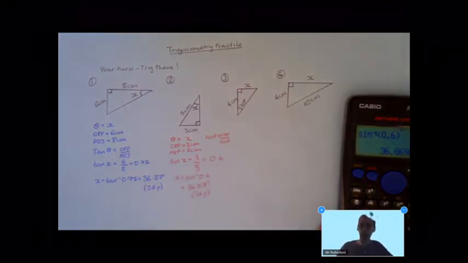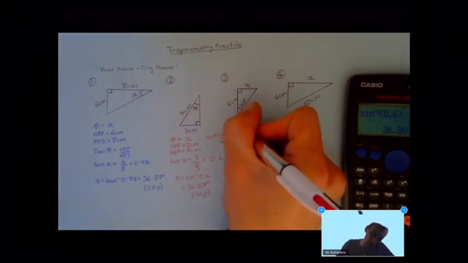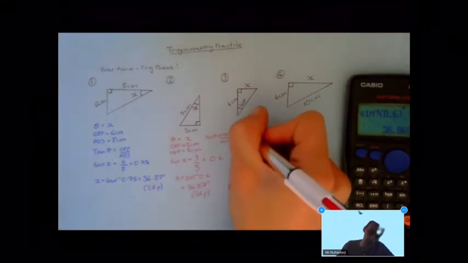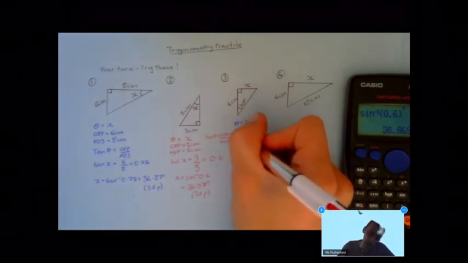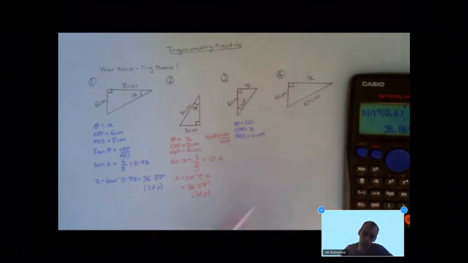In our third example, we go back to finding the side length. So again, we've got the angle of 20, opposite of x, adjacent of 4 centimetres.